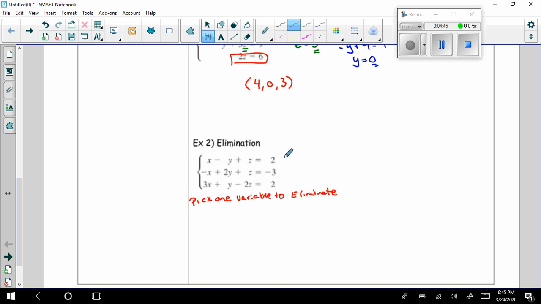So I might say eliminate x from equation 2, in that this is 1, this is 2, and this is 3. Okay, well, to do that, I'm just going to add it to equation 1.